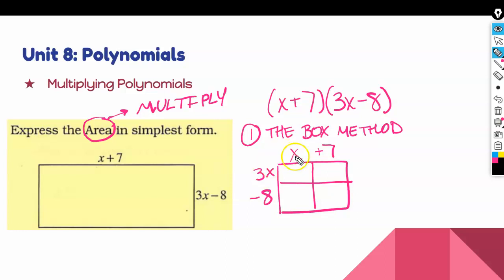So 3x times x gives me 3x squared. 3x times 7 gives me 21x. Negative 8 times x gives me negative 8x. And negative 8 times 7 gives me negative 56. So I take this out here.